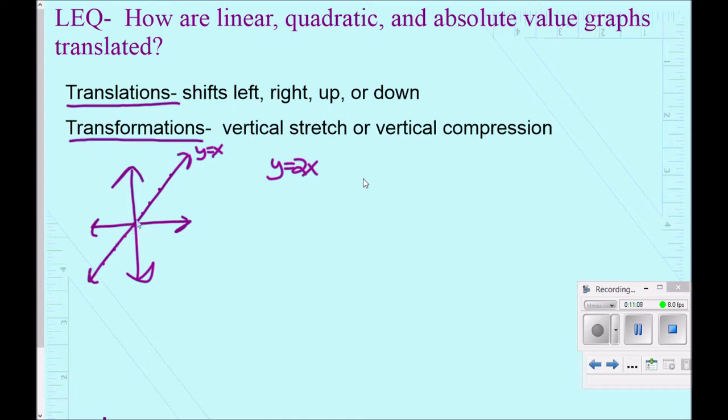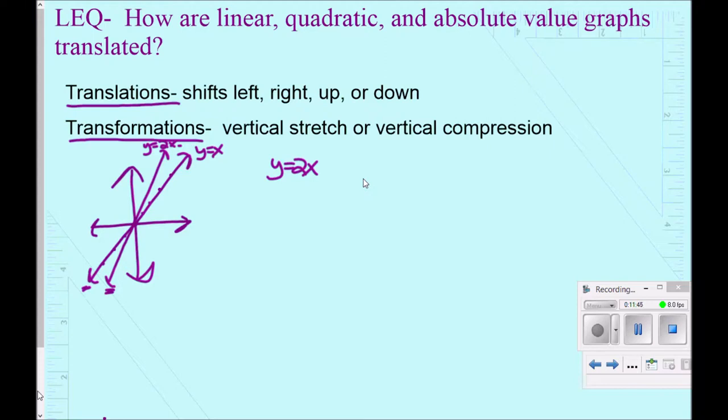Okay, so it'll still have 0, 0, but it'll be steeper. Okay, and another term for that is a vertical stretch. If you're holding on to the ends of the original graph, and you pull each end vertically, so up and down, you would stretch that graph vertically and you would get the new graph y equals 2x, okay, which would have a steeper slope.